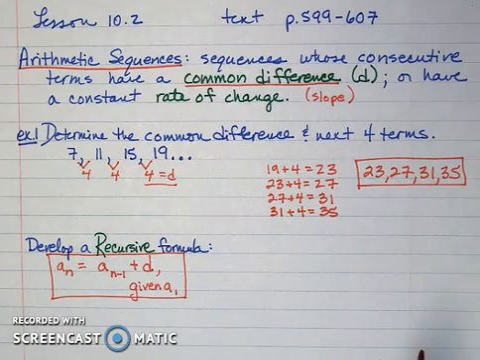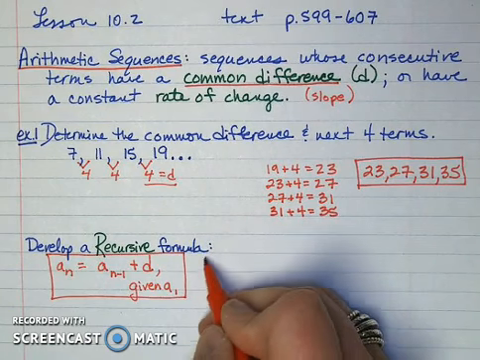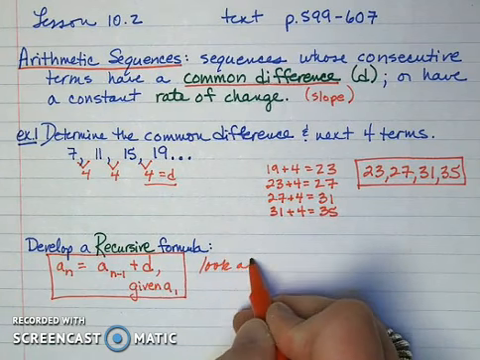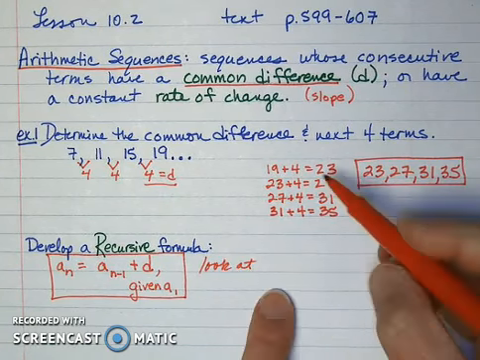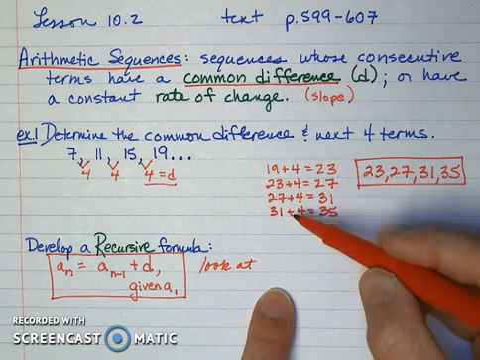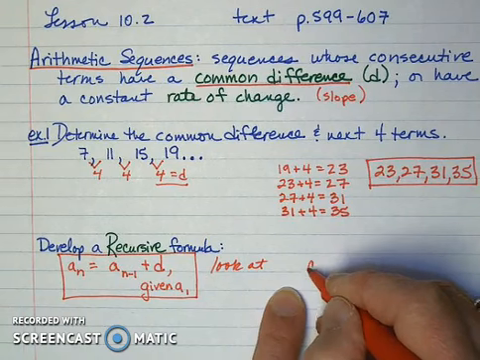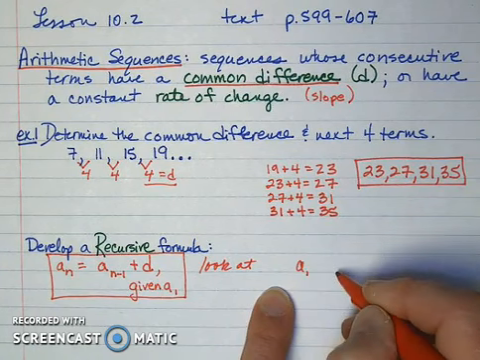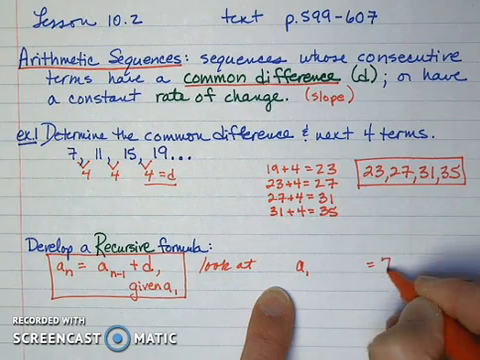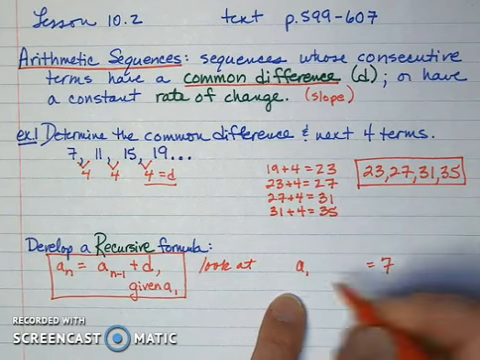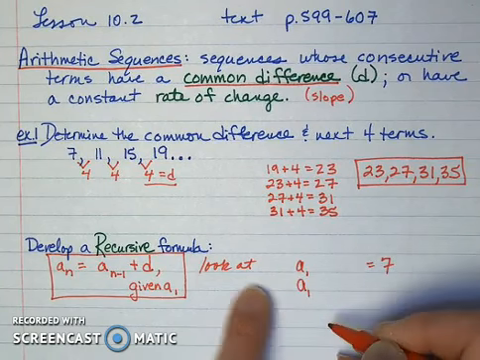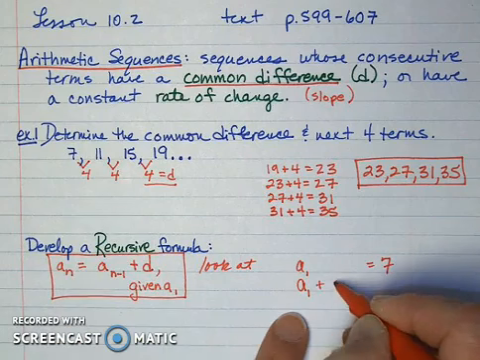Now let's look at a different way to get that formula. Let's just look at this pattern that we did right here. We knew the first term was 7. But to get the next term, I took the first term and added the difference, right?